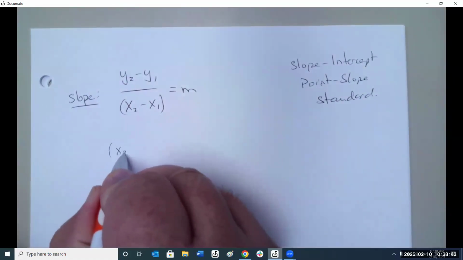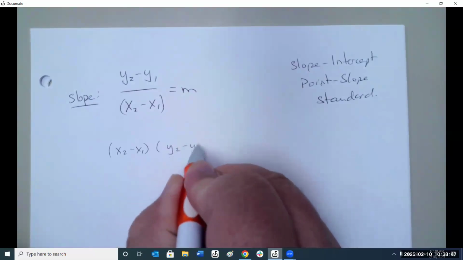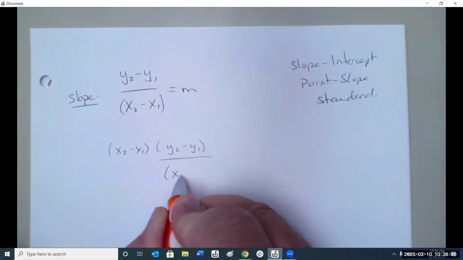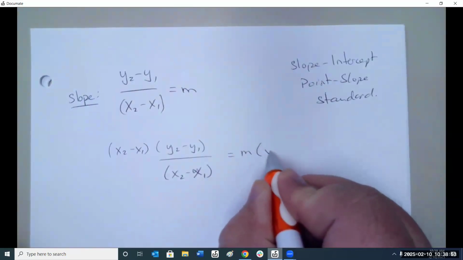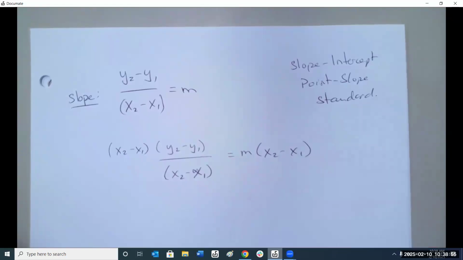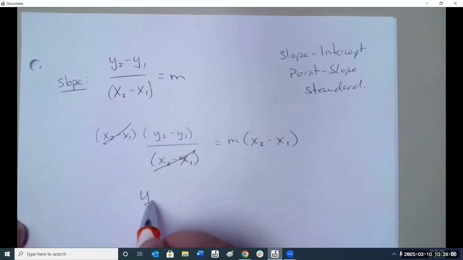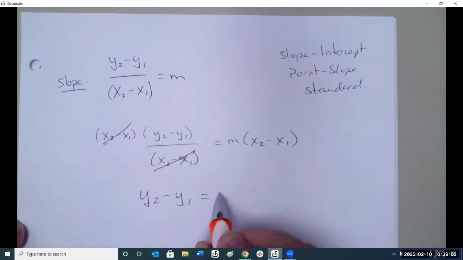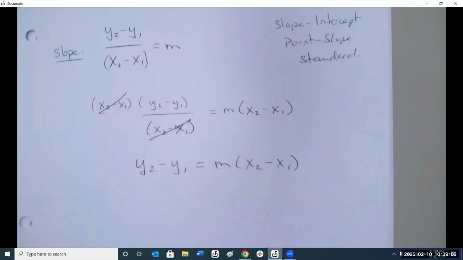So if I take x2 minus x1, if I get rid of those, I get y2 minus y1 equals m times (x2 minus x1). What does that look like?